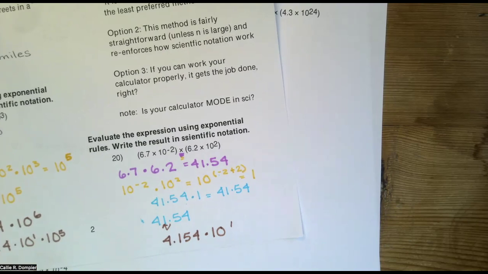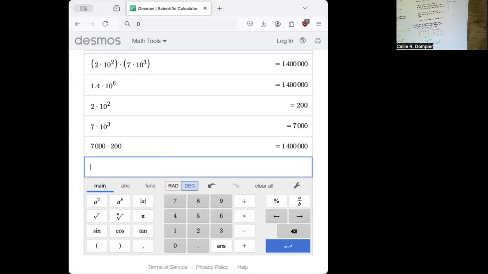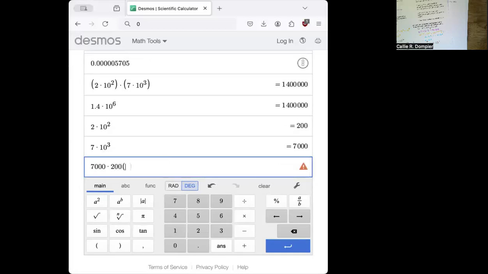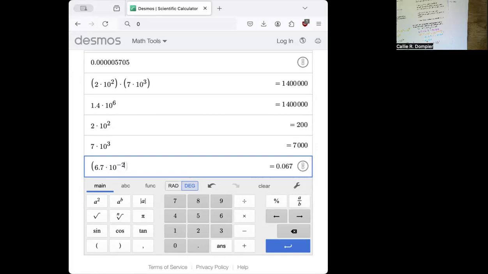Let's see if, when we put that into our calculator, we get the same thing. So it was 6.7. Ooh, I backspaced too far and I don't look up at my screen. 6.7 times 10 to the power of negative 2. Again, just make sure you're being really careful with entering it correctly. Times, with parentheses, you don't need to put the multiplication symbol between the parentheses.